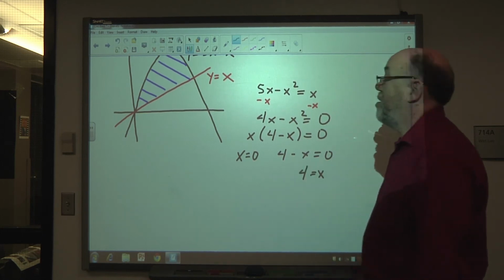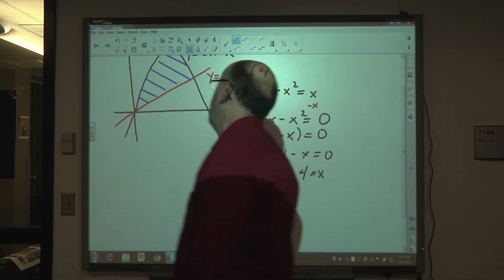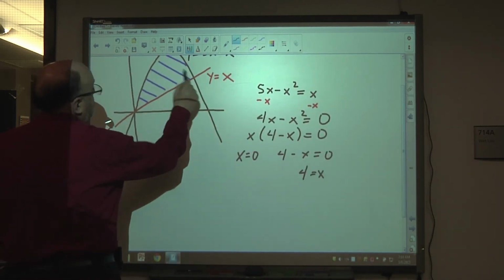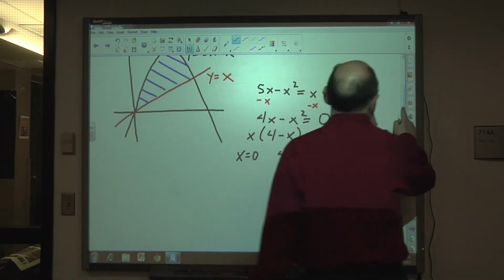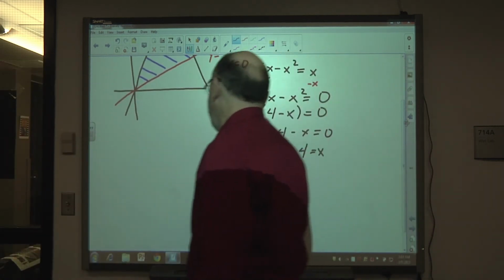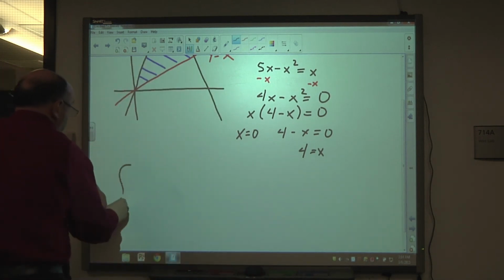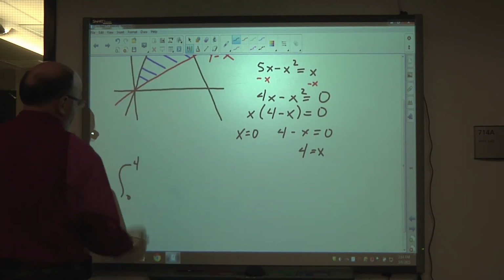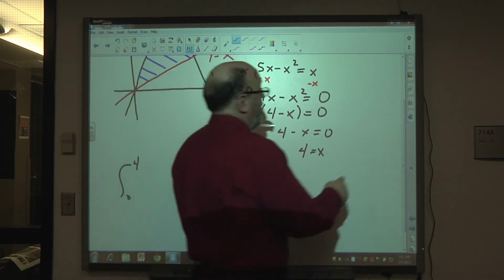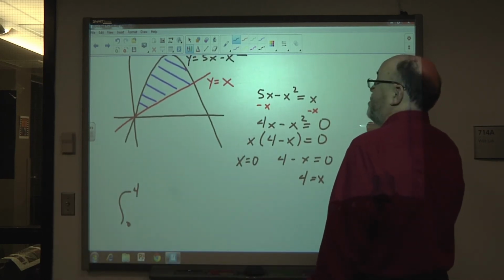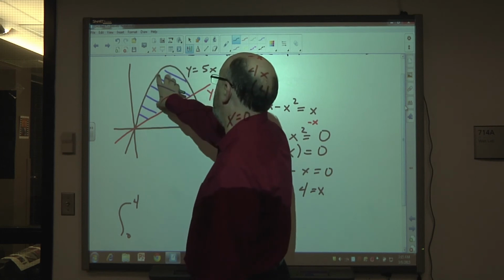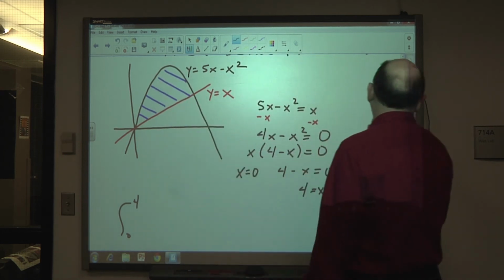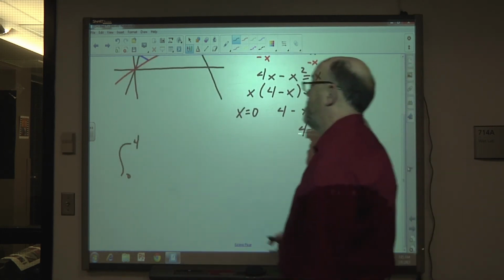And so we're going to integrate from 0 to 4. Okay? So we know where we're integrating from. And then we need to set up our integral. If I look at this graph, it is my parabola curve that's enclosing the area. So that equation will go first.